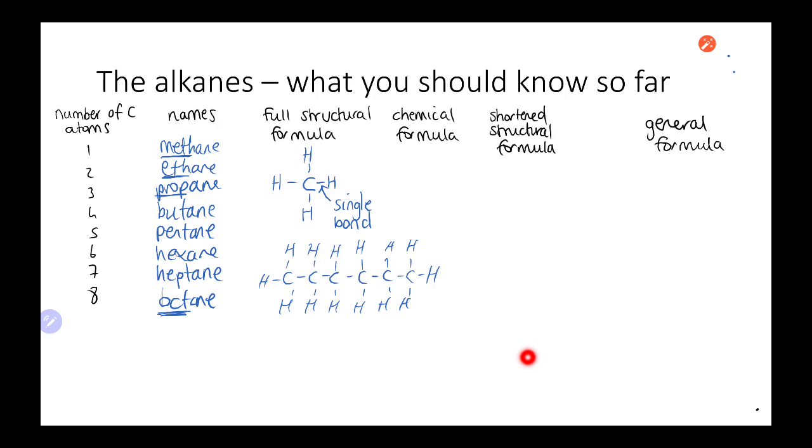Okay, so the next bit is chemical formula, which you've all done before as well in Unit 1. In Unit 2 it's quite straightforward compared to what we would have done in Unit 1. All you need to do is count number of carbons, number of hydrogens, and that's you sorted. So if we go for propane, for example, we've got C3, 3 carbons in it, and again making sure that the numbers are subscript.